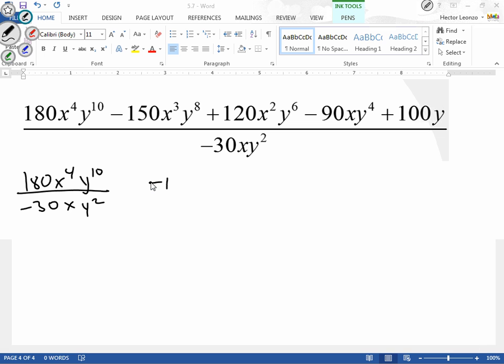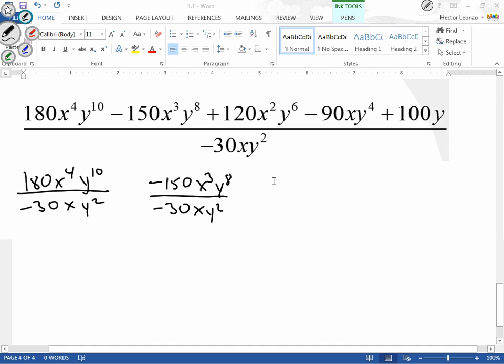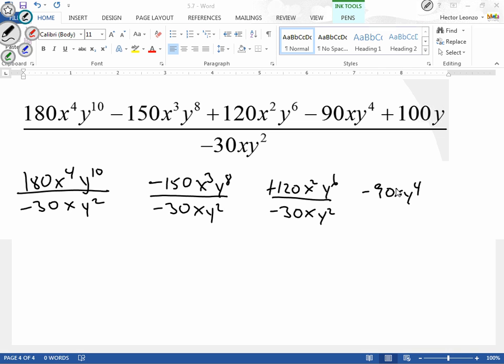I'm going to do negative 150x to the third y to the 8 all over negative 30xy squared. Then I have plus 120x squared y to the 6 all over negative 30xy squared. Then I have minus 90xy to the fourth all over negative 30xy squared.